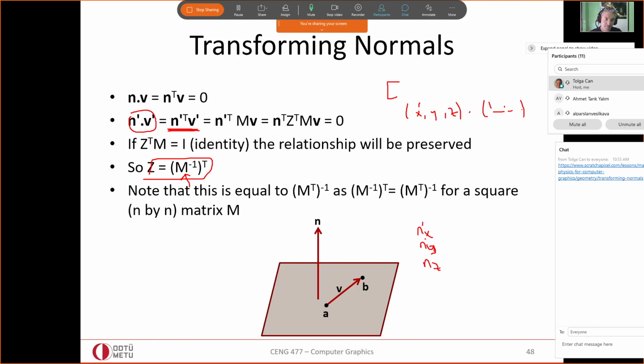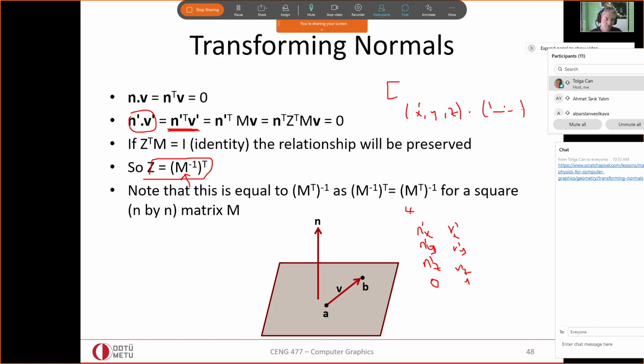Actually, these are n prime. I want to take the dot product of this with v prime x, v prime y, v prime z, 1. This is not a normal vector. This is a regular vector, which is the line segment between these 2 points.